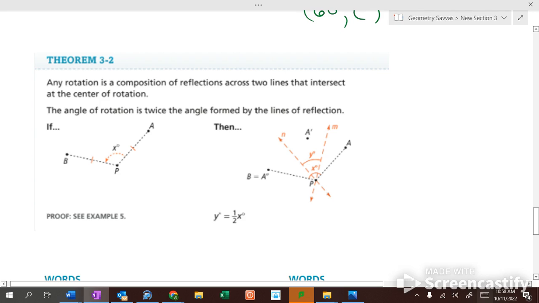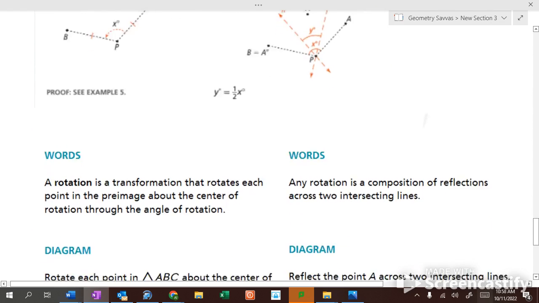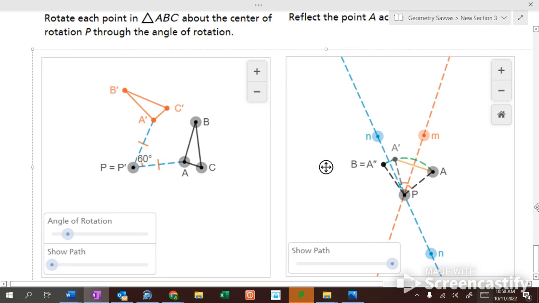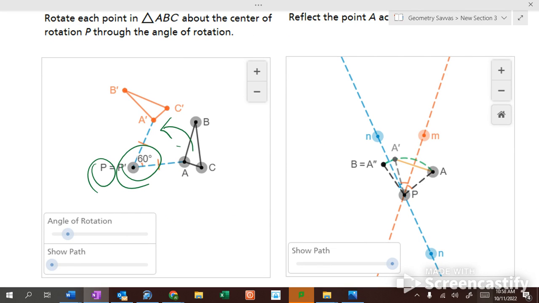The angle of rotation of the two reflections is half the angle of the rotation of what actually rotated. Again, not super important, but you might see that on today's homework just slightly with a problem. Okay, so if this rotates this way, it's a positive 60 degrees around point P. This rotation is a double reflection, so if you reflect and reflect again, it's like a rotation.